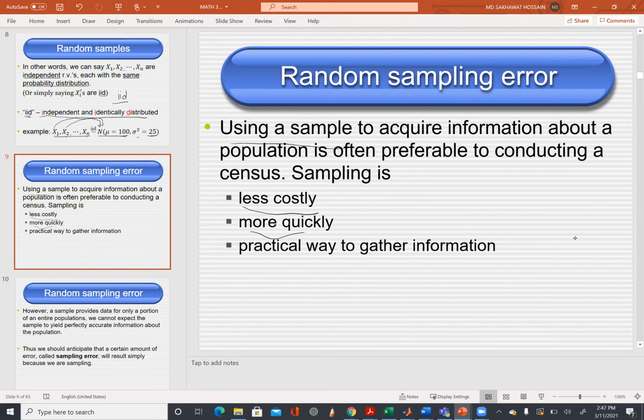The problem is that if we use a sample to make inference about the population, there is a chance that we will make some error. If we collect the sample randomly, the error in sampling will be called random sampling error.